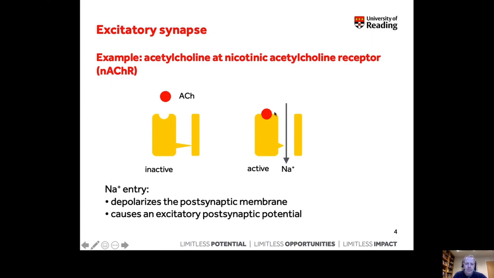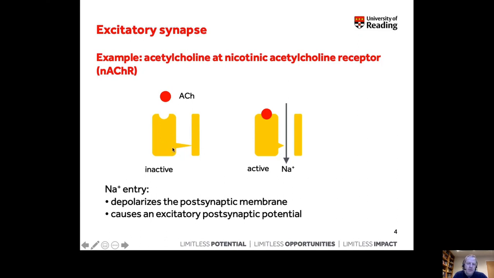So it's very important here not to get confused between the nicotinic acetylcholine receptor, or receptors in general, and voltage-gated sodium channels. So remember, the important difference is that the channels that we talked about when we were talking about the action potential are different to these receptors.